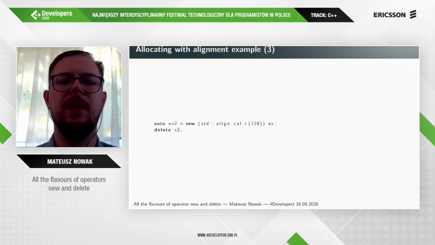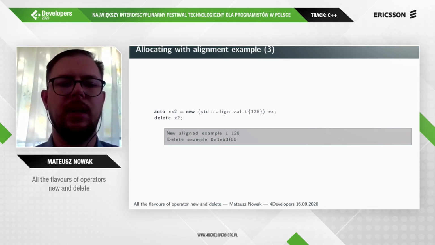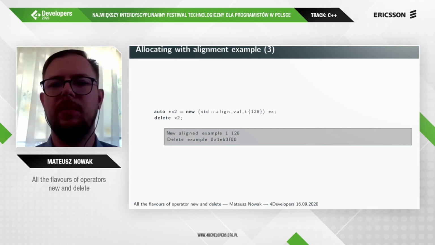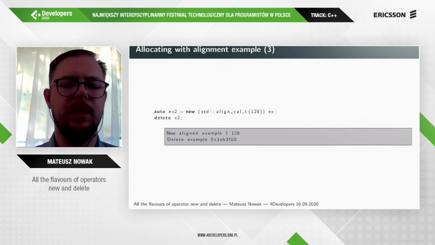And what will happen in this case is the aligned version of operator new will indeed be called, but still we get the usual delete. So it is not automatically deduced that we want to delete objects that were allocated with alignment using also aligned delete.